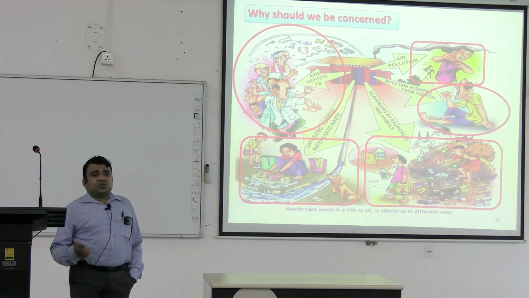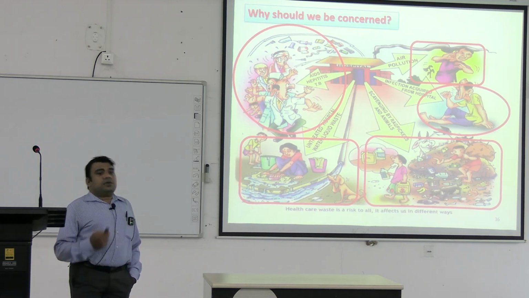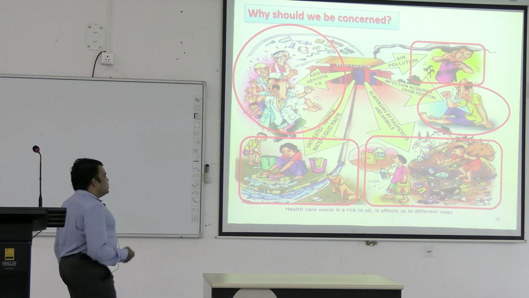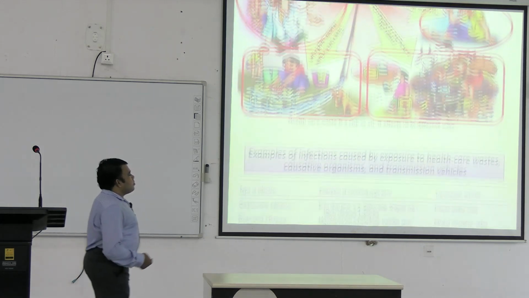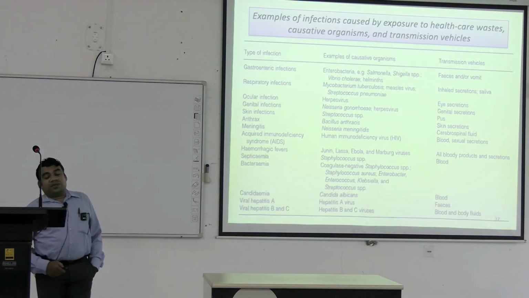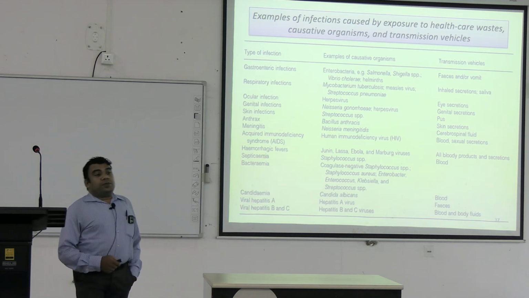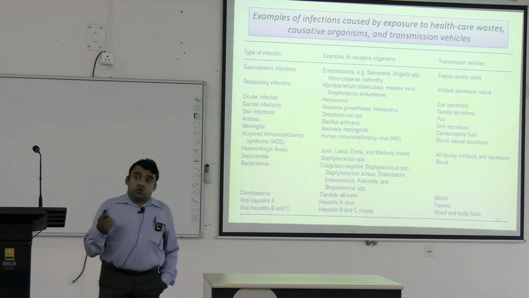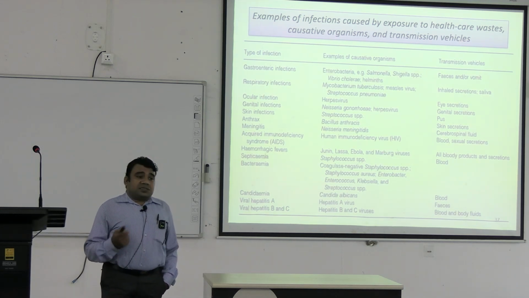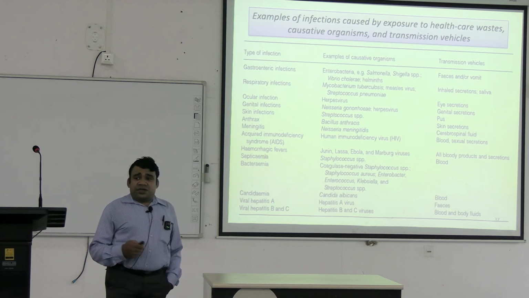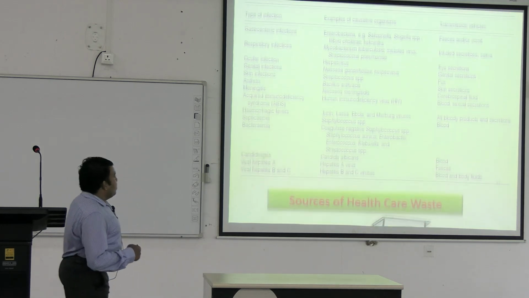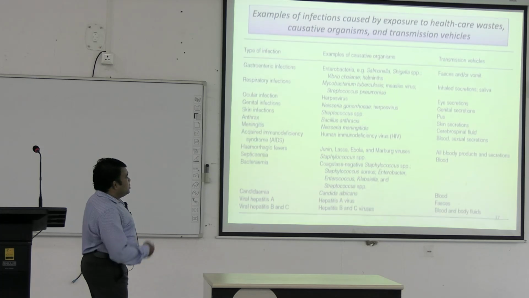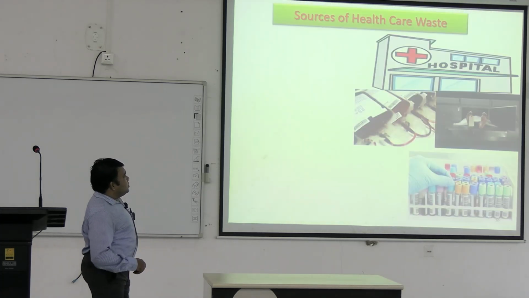Rag pickers and animals will gain access to it and they will get injuries and other diseases. And a very important aspect is open landfilling may also lead to reuse of medical equipment like syringes, catheters. That's a very dangerous part. There are many diseases which can be caused. I'm not going into details of that.